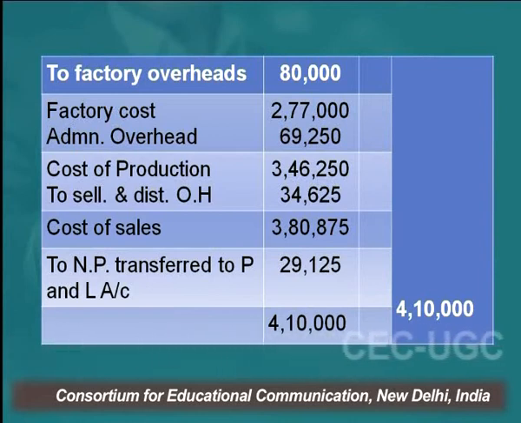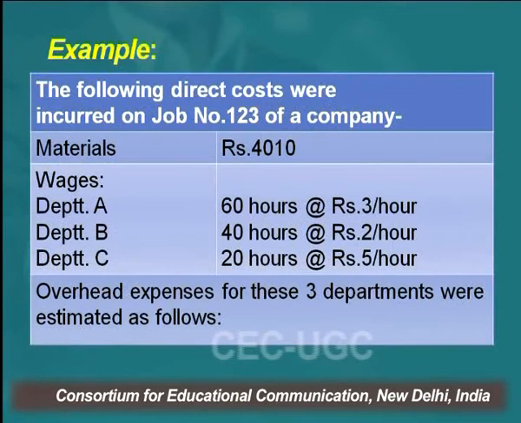To the cost of production you add selling and distribution overheads, which in our example is 34,625, that is 10%, and that comes to the cost of sales. Finally, on the basis of cost of sales you can find the profit, because 4,10,000 rupees is your selling price, so the difference of the two is your profit, that is 21,125.